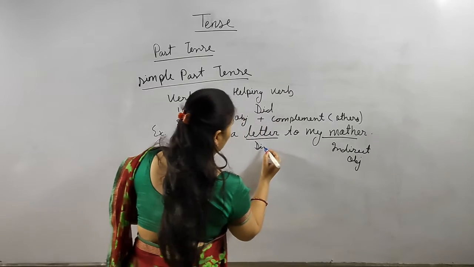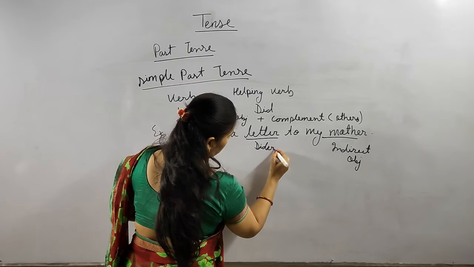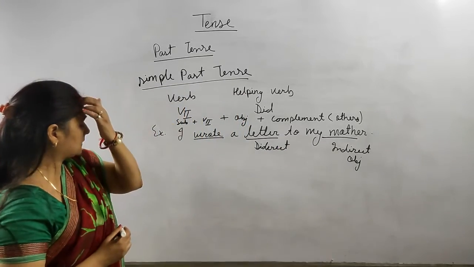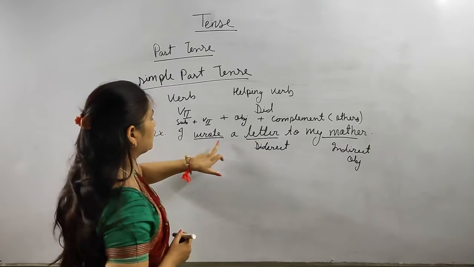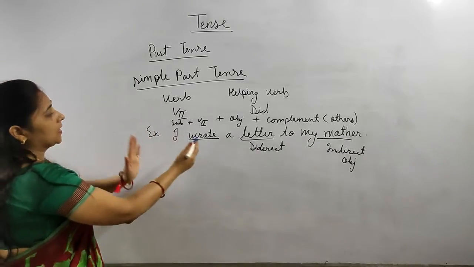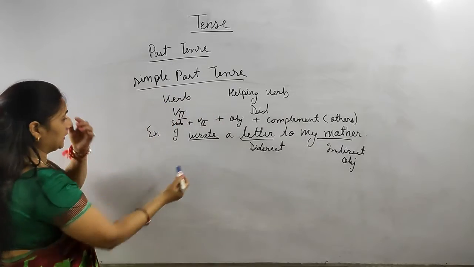Already I have explained it. The noun which is connected with the verb is called the direct object. So in that way, you can make the sentence of simple past tense.